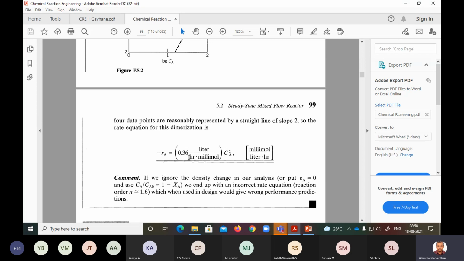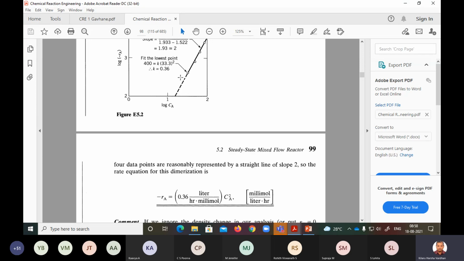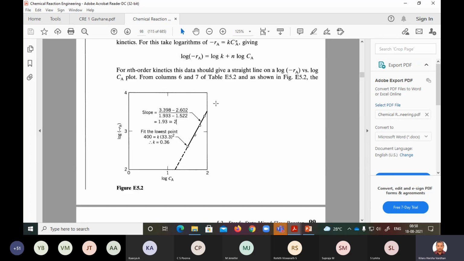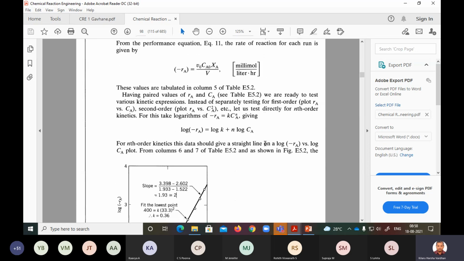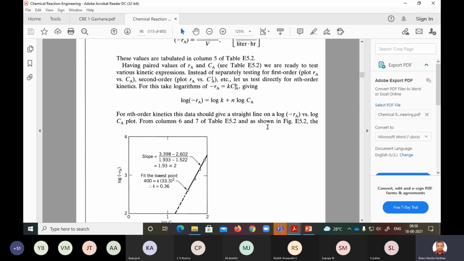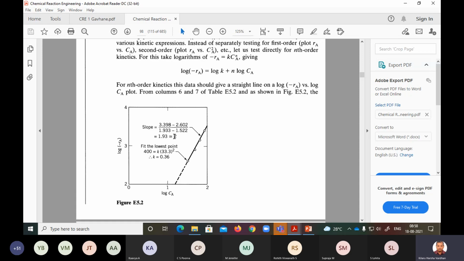So from that, minus RA is K into CA power N, right? K is 0.36. You know the unit, because based on the units of CA and minus RA, you can fix the units of K and N. Since N is 2, the order is 2.